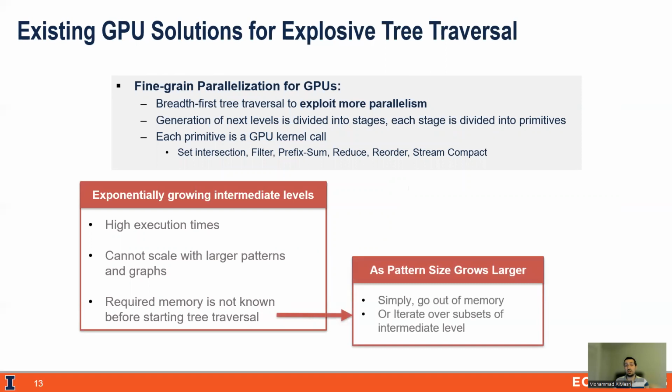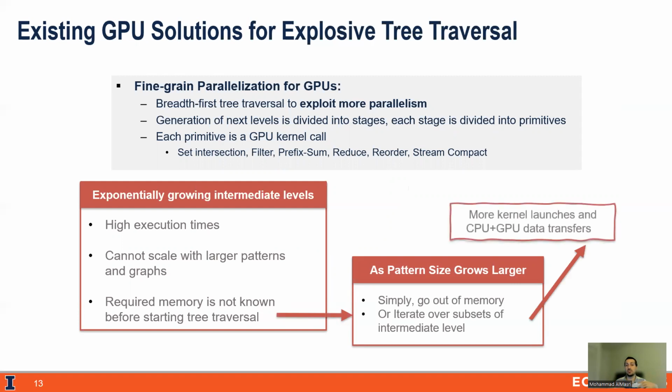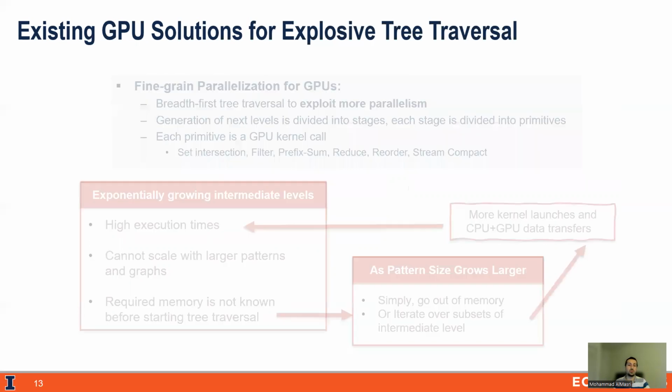And due to this, as the subgraph you're searching for grows larger, some solutions just go out of memory, or they iterate over subsets of intermediate results, and they will have more CPU-GPU data transfers and kernel launches, and then we get into a loop of high execution times.